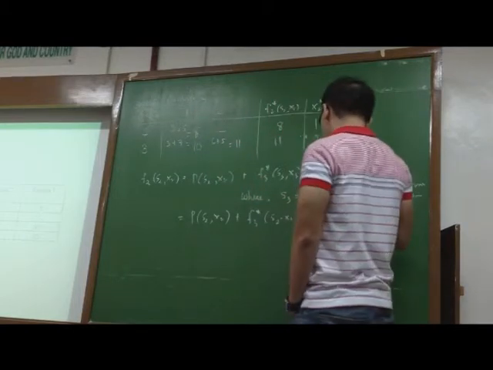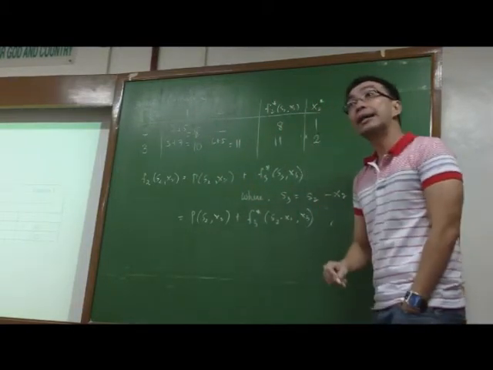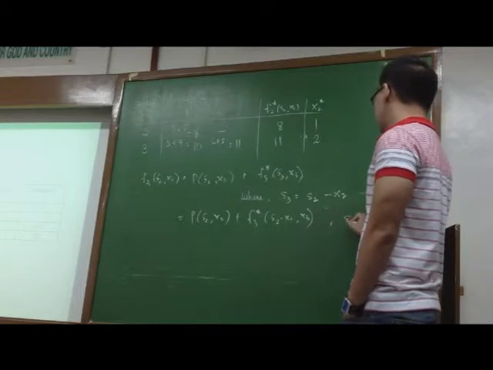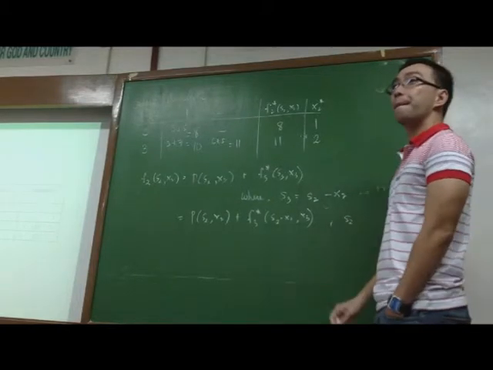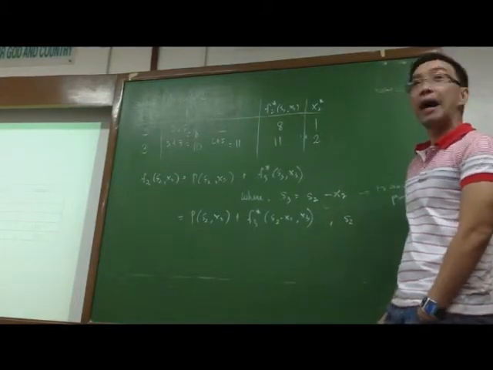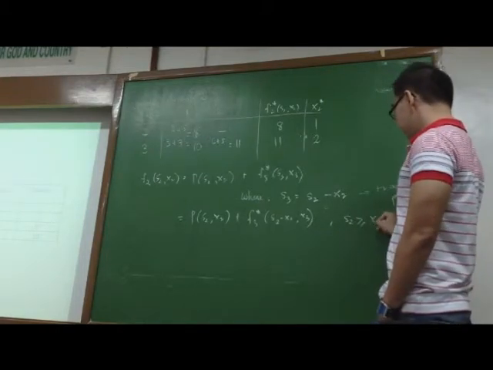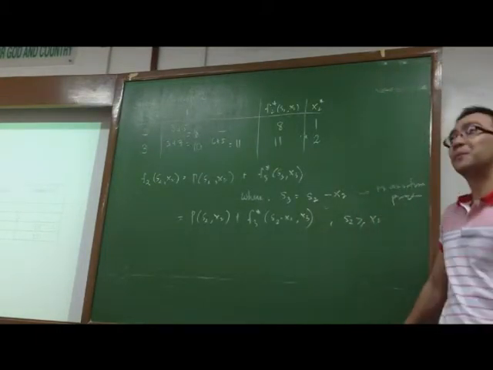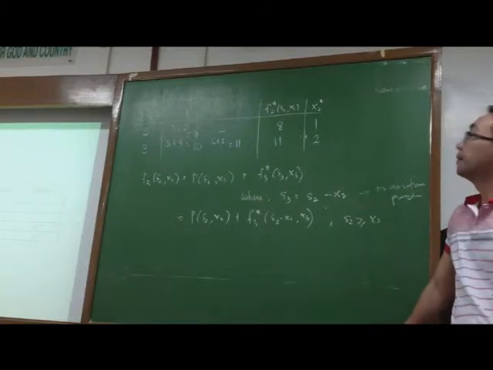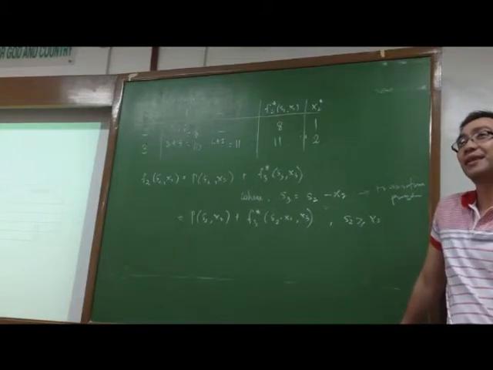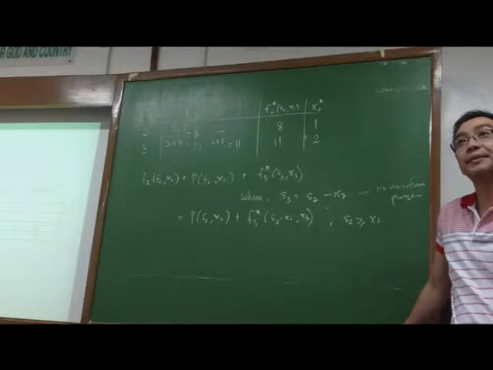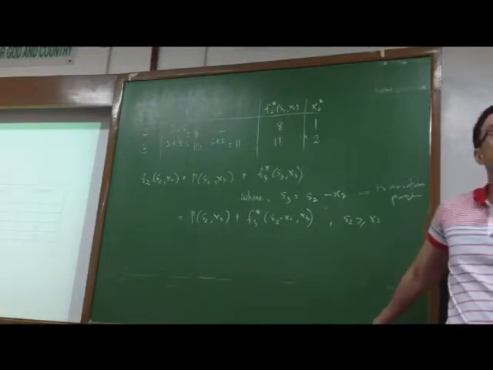Ano lagay ko dyan? When S2 should be what? Greater than or equal to 2? Same as this one? No, kasi naglalagay ka ng isang tao sa X3. So pwede ba to? S2 is at least X2.